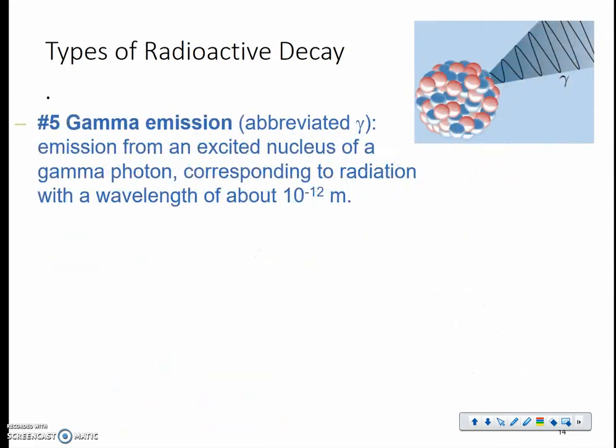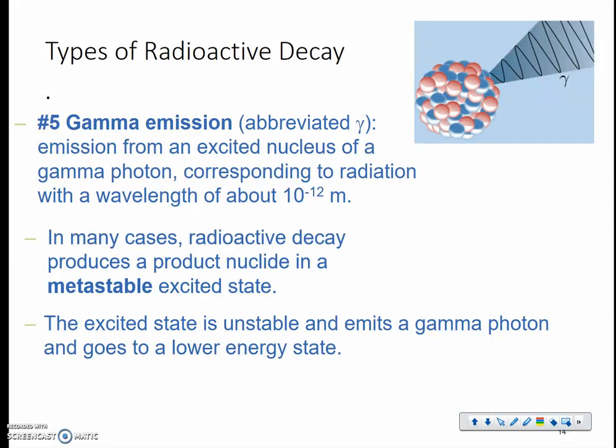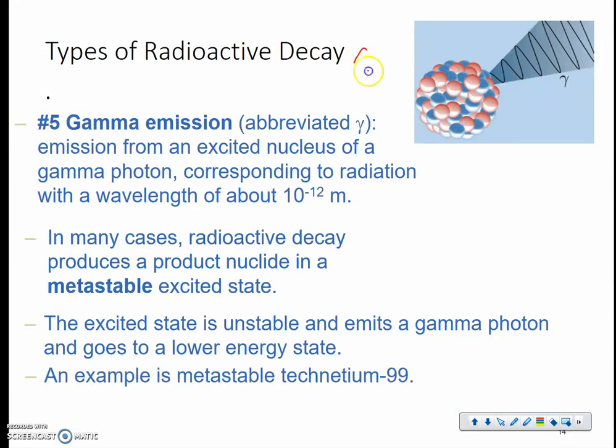Okay. Gamma is a little different because gamma is just extra energy that's being released. The symbol is a little γ, like the Greek letter gamma, has no mass and no charge, so it's 0, 0. Elements that do this are called metastable, so they don't change into different elements, they just release extra energy.